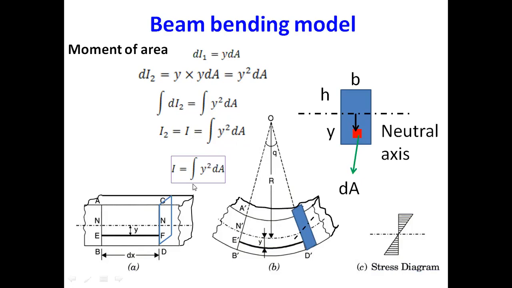It is actually the second moment of the cross-sectional area about the neutral axis. And this is the physical representation of the movement of the cross-sectional area when the beam is subjected to loading, bent, and has a curvature.